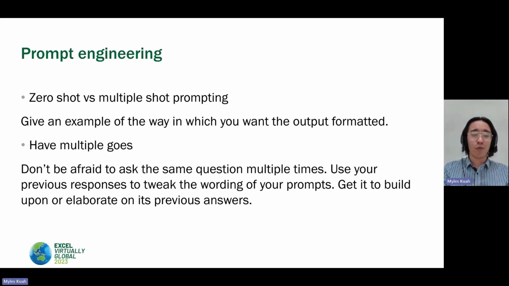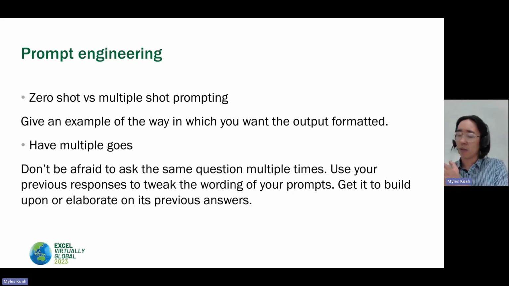The next tip is zero shot versus multiple shot prompting. This is a powerful idea that a lot of people don't actually explore, which is providing it examples of how you want your answer structured. So for example, if you want it to write an email or a report for you, and you just ask it, write a report for me on X, Y, and Z, it'll write a report, but it will be fairly generic and vague and probably not that helpful.